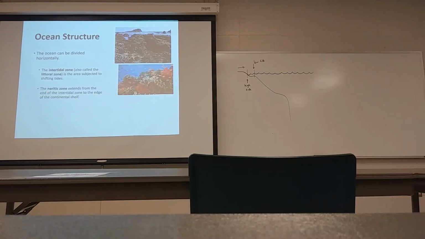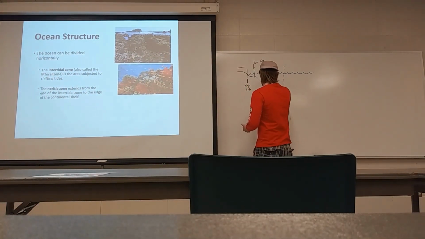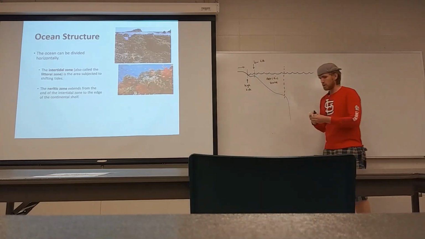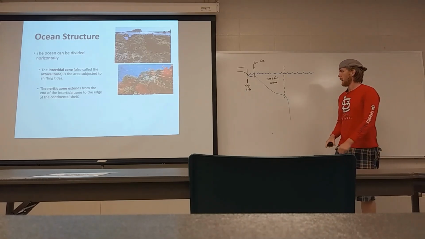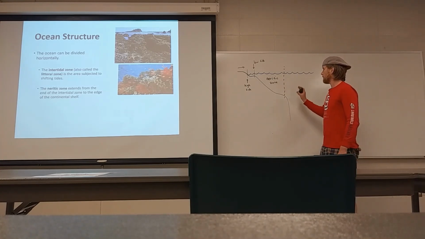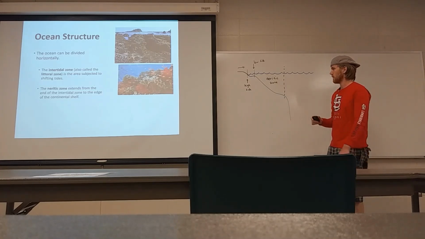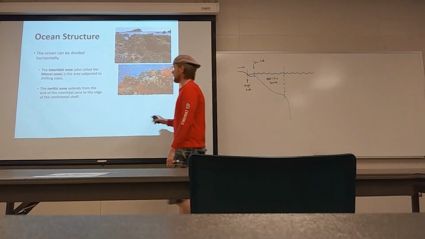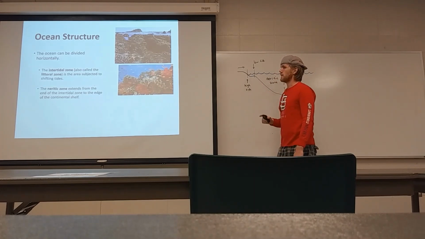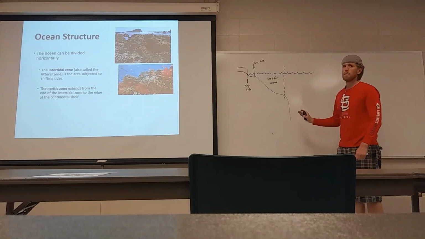The neritic zone is the next zone. And in this picture, it would be right here. So the neritic zone is permanently submerged. There is no period of time where it is actually exposed, as we have with the intertidal zone. But it's comparatively shallow, at least compared to the open ocean that covers much of the planet. The neritic zone extends from the end of the intertidal zone, so basically where the water meets the land at low tide, from here to the end of the continental shelf where there's a steep drop-off in depth.